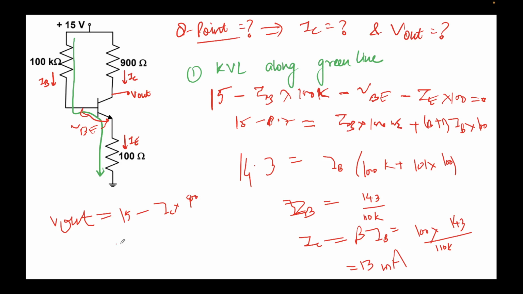So if we solve this, it will be 15 minus 13 milli times 900. 13 times 9 is 11.7, so that will come out to be around 3.2 volts. So this node that we are seeing here is at 3.2 volts.